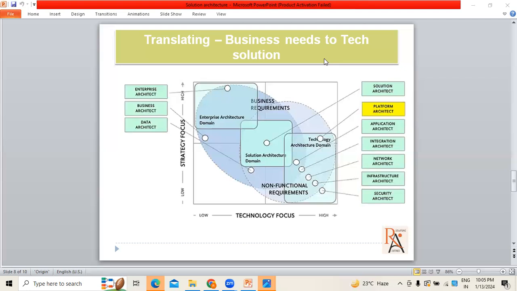So as far as the data perspective is concerned, we need to understand the kind of data elements we are going to use.